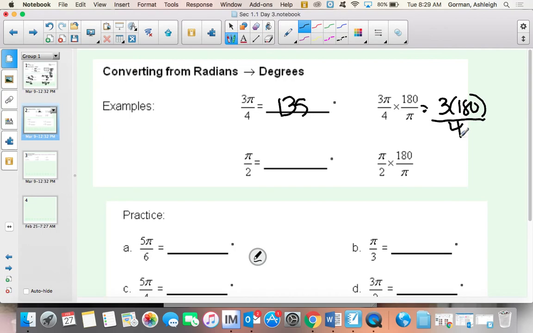Okay. Pi over 2, to convert that to degrees, multiply by 180 over pi. Here, the pi's will cancel out, and I'm left with 180 over 2, which is just 90 degrees. That should be no shocker. We talked about that yesterday, the 90 degrees. That is 1/4 of the way around the circle.